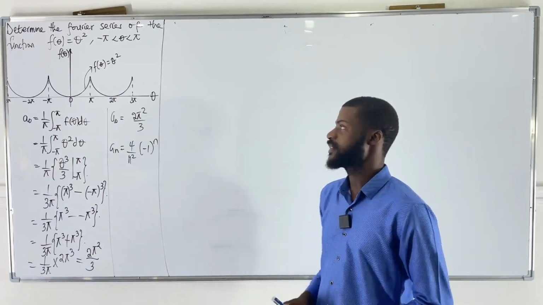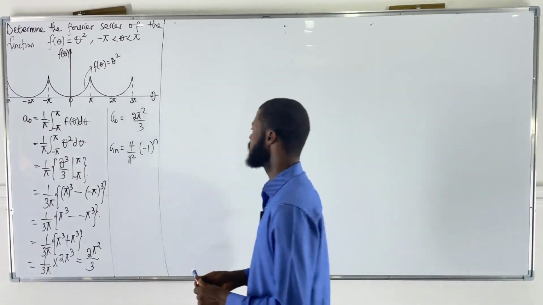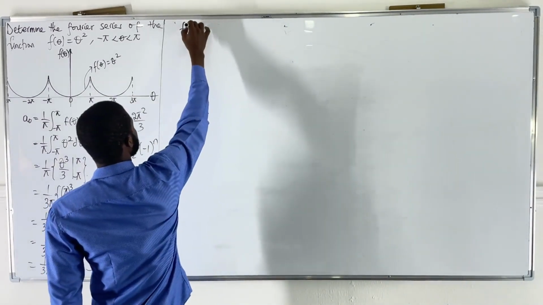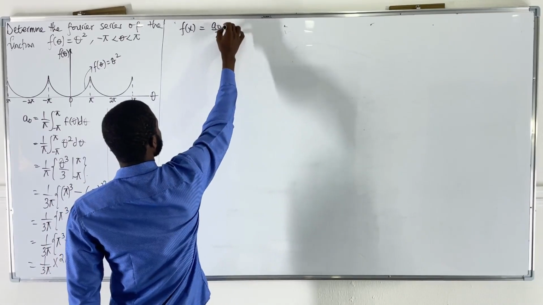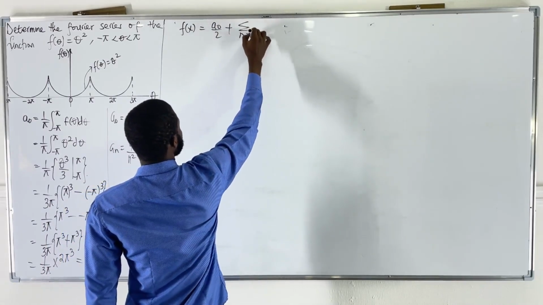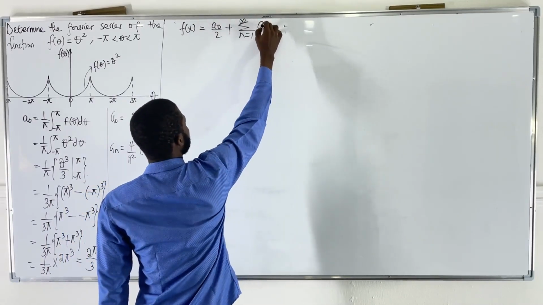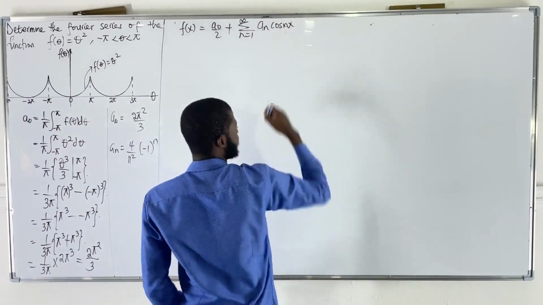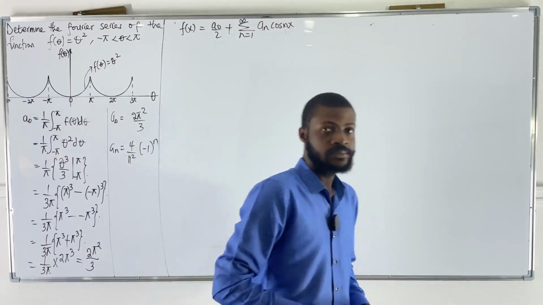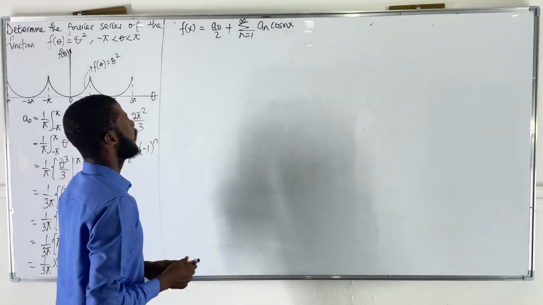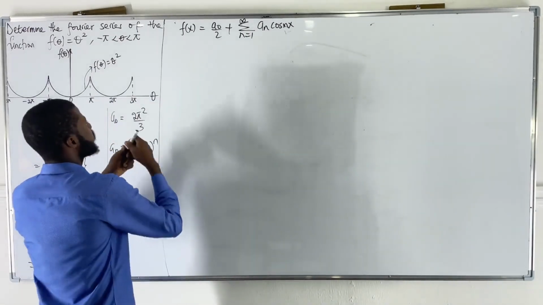So let's get the Fourier series expansion of this. So f of x is equal to a naught over 2 plus the sum from n equal to 1 to infinity of a sub n cos nx. That's what it is. Now, let us put in our a naught.